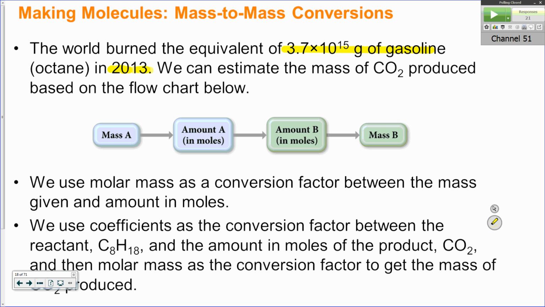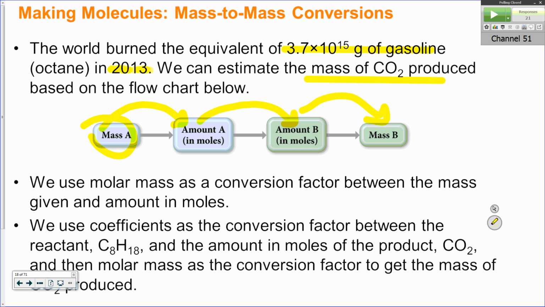So I'd like to take this number to try to figure out the mass of CO2 that mankind is producing. The strategy I'm going to use is to take the mass of the reactant A, which is the octane, convert it to moles, use the stoichiometric relationship to get to moles of the gas product we're interested in, which is CO2, and then finally go from moles of CO2 to mass of CO2.